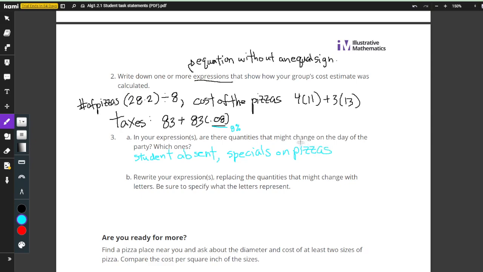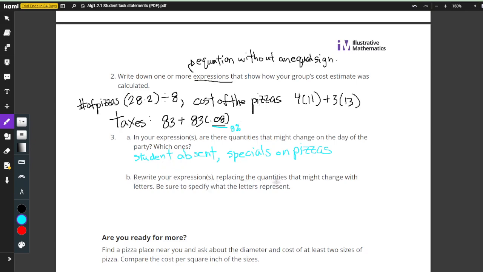Specials on pizzas could help us change some of the things. If you order more than three pizzas, this price goes down. So if you're ordering four, this price could go down. So those are some of the reasons: the pizza shop could have a special, or students are absent and we need fewer pizzas now.